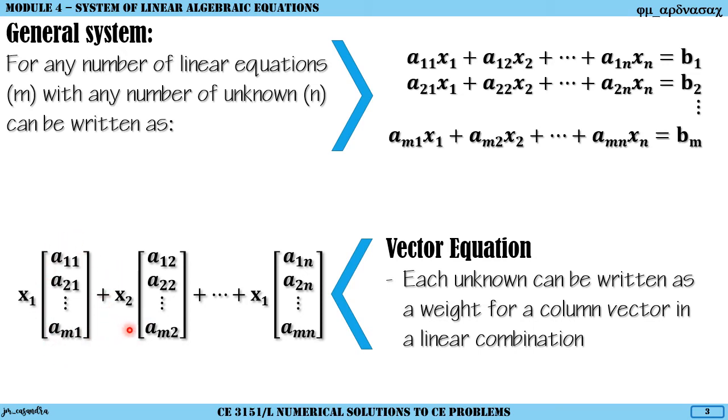The same goes for your second variable. It will be a weighted column vector for its equivalent coefficients.